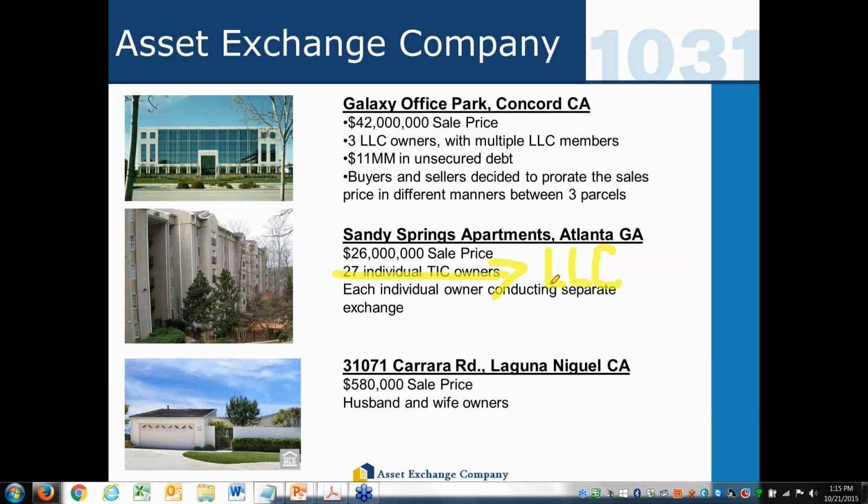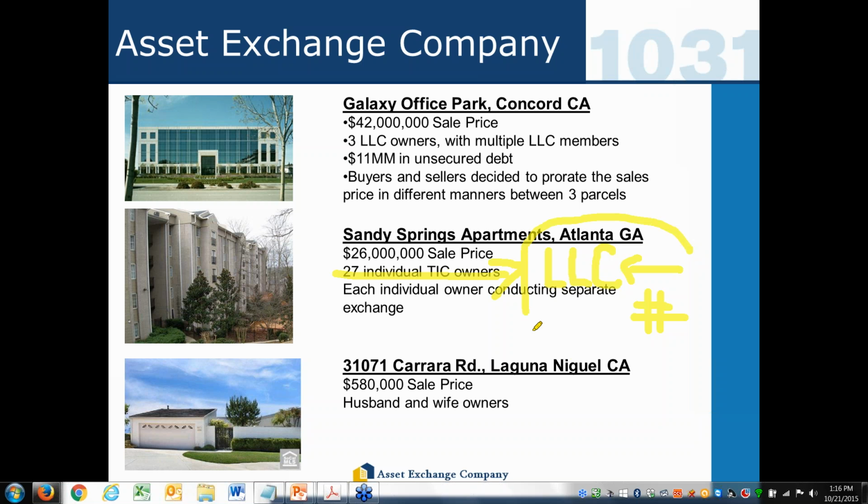The problem with an LLC or a partnership or a corporation is that if it is a multi-member LLC, that LLC is going to have its own taxpayer ID number. So again, for 1031 exchange purposes, what we look at is who is the taxpayer who owns the property. If these individuals formed an LLC, those individuals do not own real estate. They own shares of an LLC.